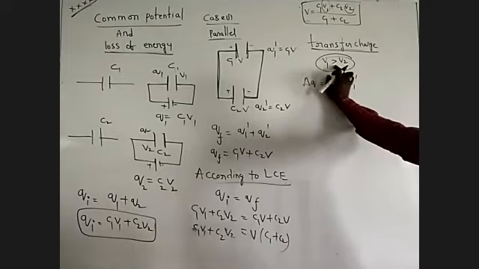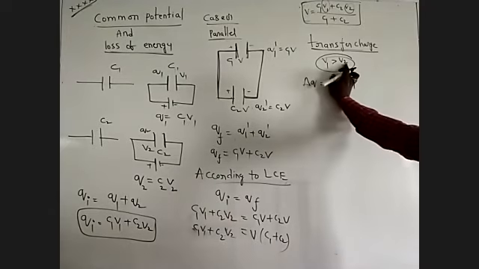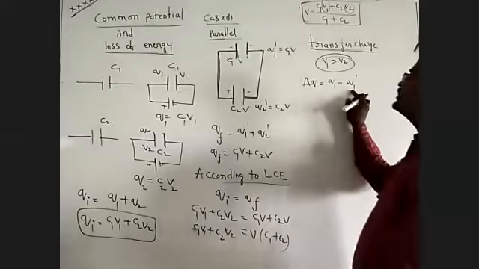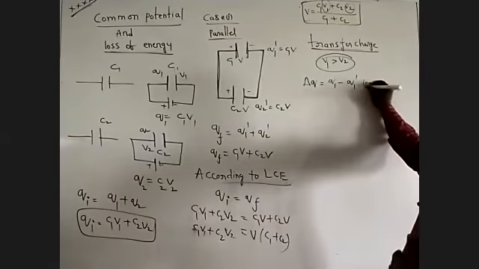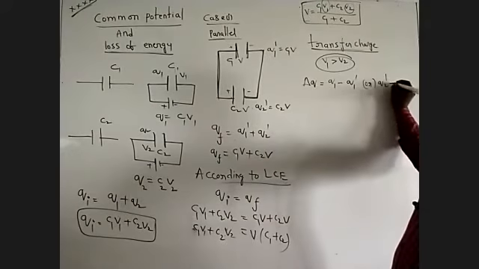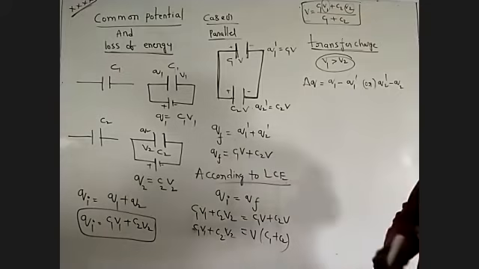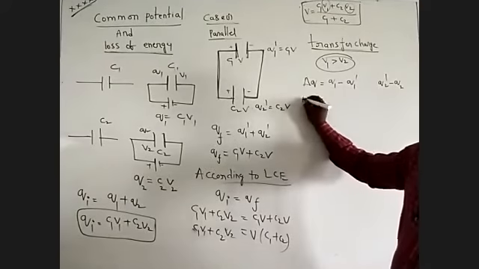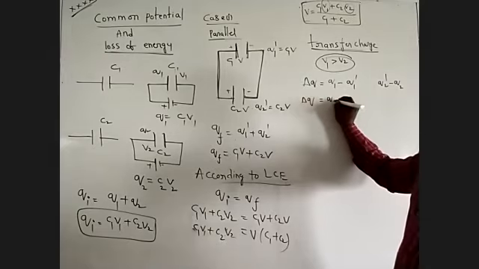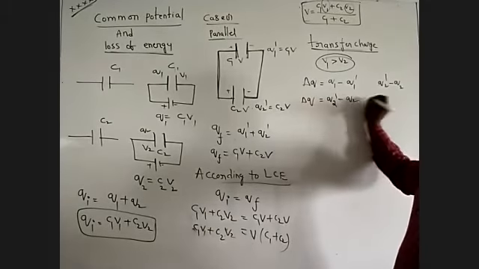Or you can take Q2 dash minus Q2. This is also the changing charge. Delta Q is equal to Q2 dash minus Q2.